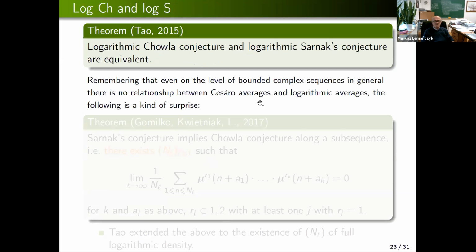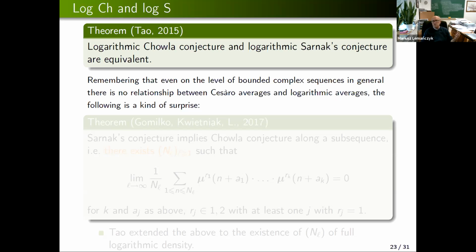Remembering that, you may wonder whether it's just somehow related to the way of averaging. Of course, we would be interested in crossing out this logarithm, right? We'd like to see that the Chowla conjecture is the same as Sarnak's conjecture, and it's just a way of changing the way of averaging. So maybe there are some relations between the logarithmic way of averaging and the Cesaro way of averaging.